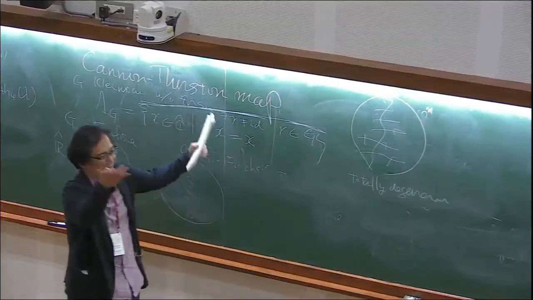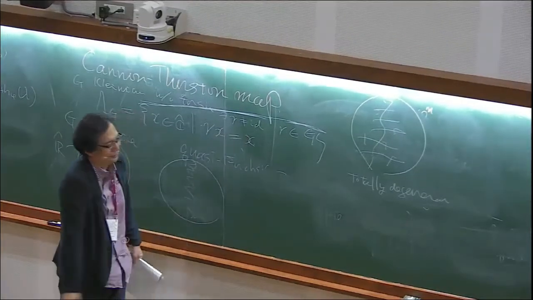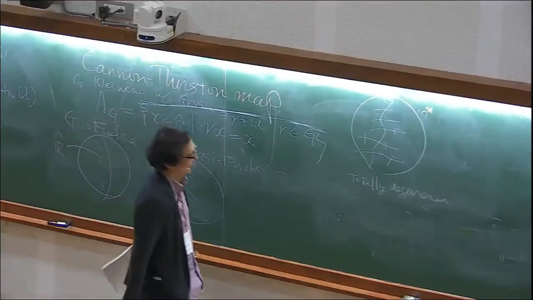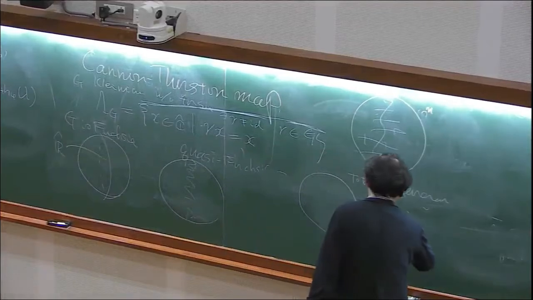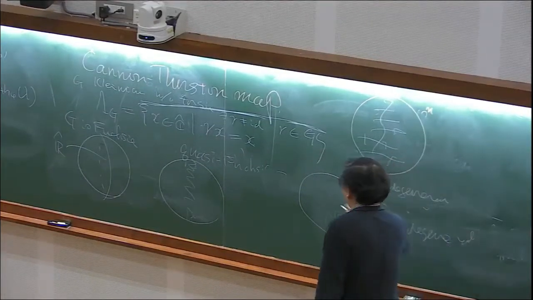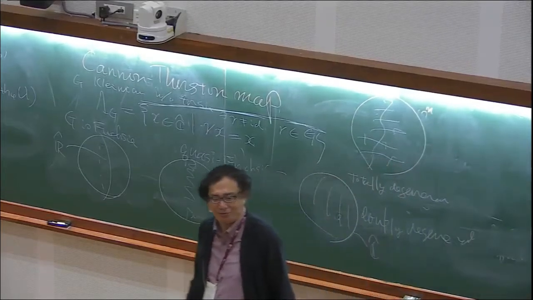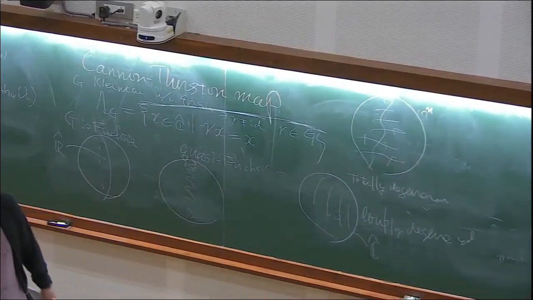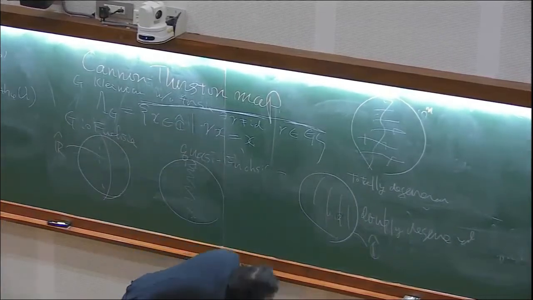It's a degenerated form of a Jordan curve. And in the case of doubly degenerate, the limit set is the entire Riemann sphere. This is very easy to show for this example.